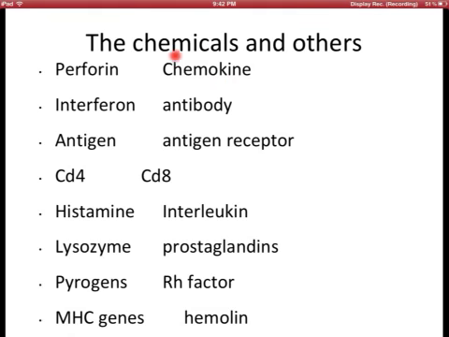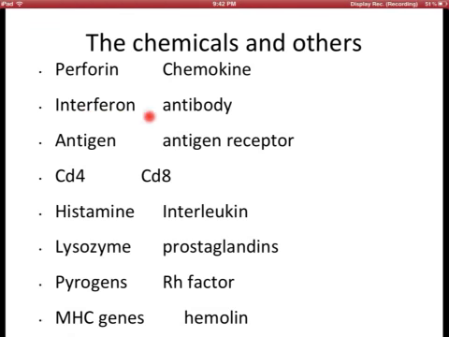Chemokines are chemicals released to activate substances. So, let's say activate your immune system. A pathogen can have a chemokine that will activate the immune response.